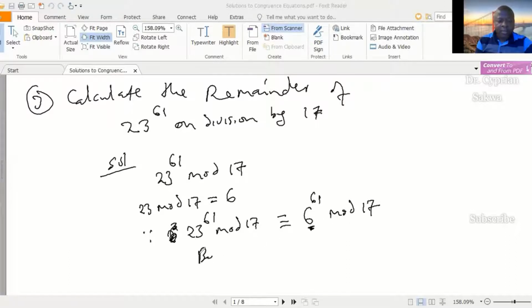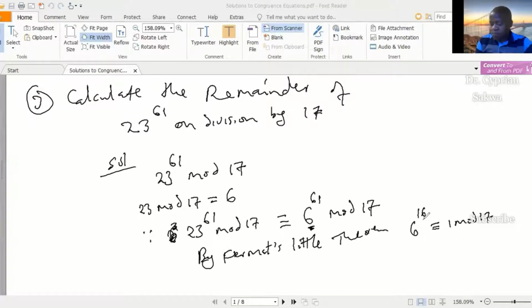So by Fermat's little theorem, if 17 is prime and does not divide 6, then we know that 6 raised to 16 will be congruent to 1 mod 17. That's true.